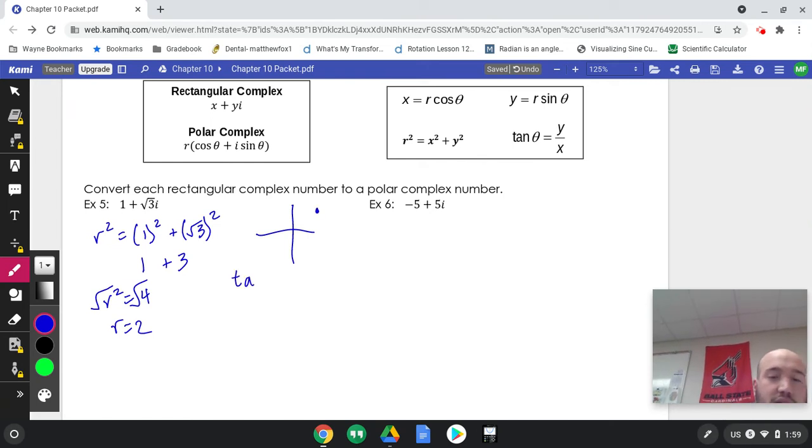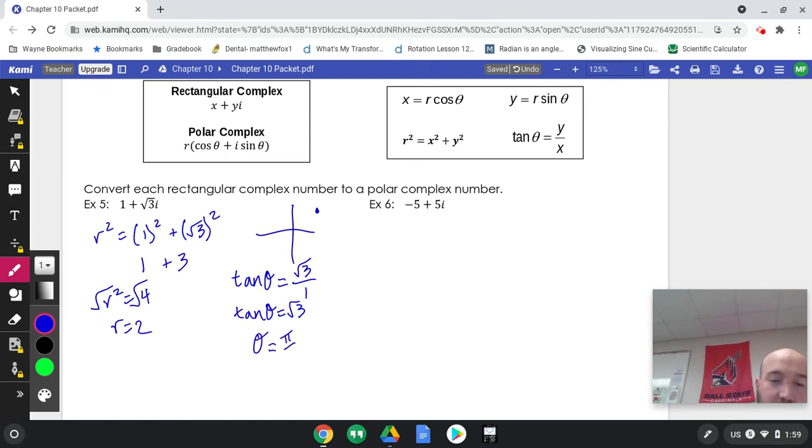So now we do the tangent of theta equals y over x. So square root of 3 over 1. So the tangent of theta equals the square root of 3. We need to be in quadrant 1. Where is the tangent equal to square root of 3? And that will occur when theta equals pi over 3.